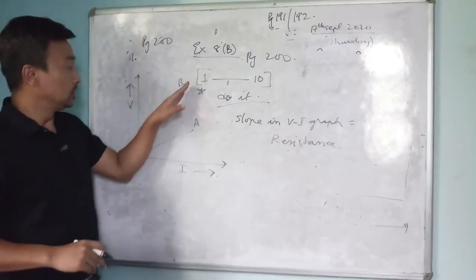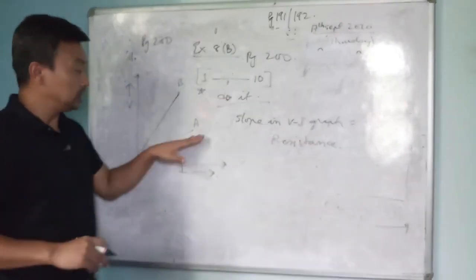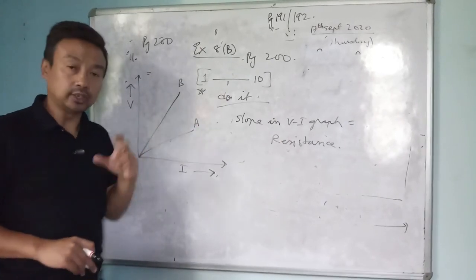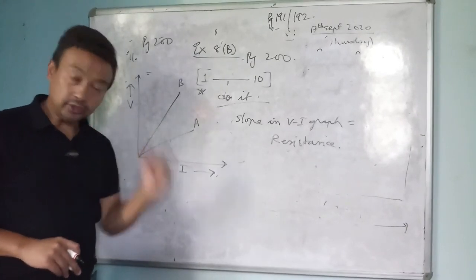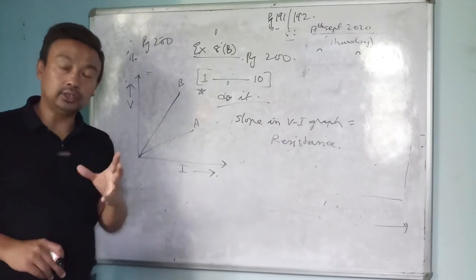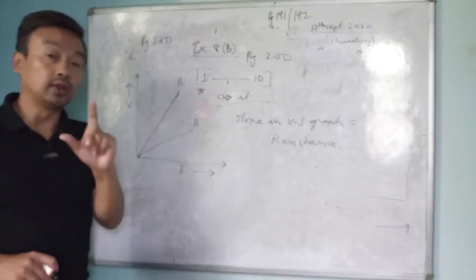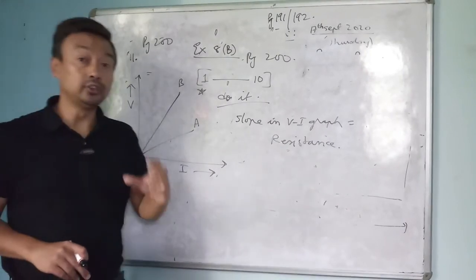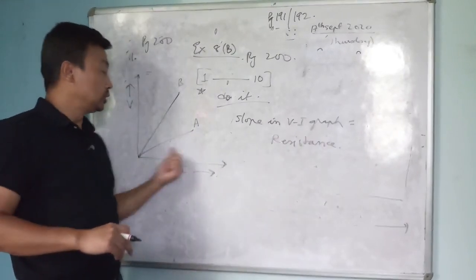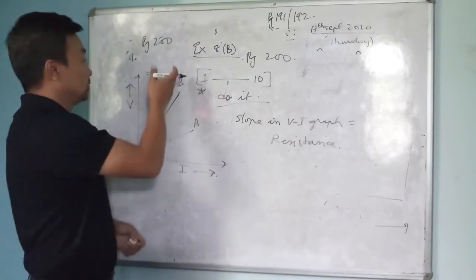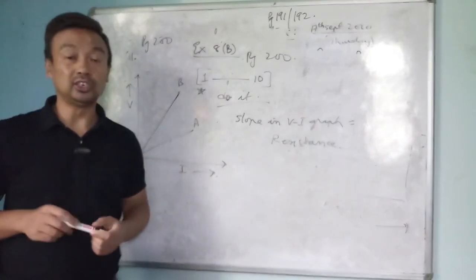So obviously this line A is less steep than the line B. That means it has less resistance. So in which case do you have less total resistance, in the series or in the parallel? In the parallel you have less resistance than the individual resistance. So therefore the line A represents the parallel combination and the line B represents the series combination.